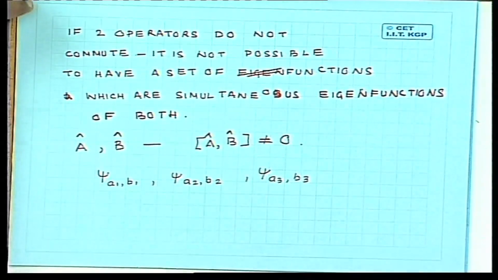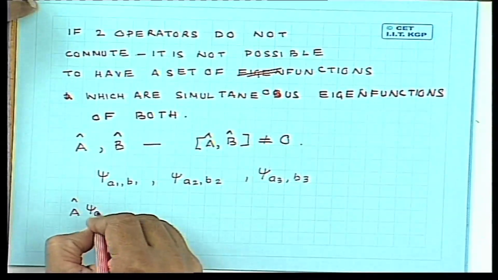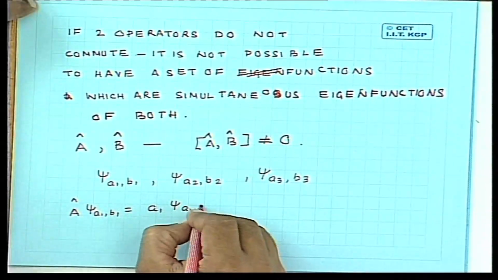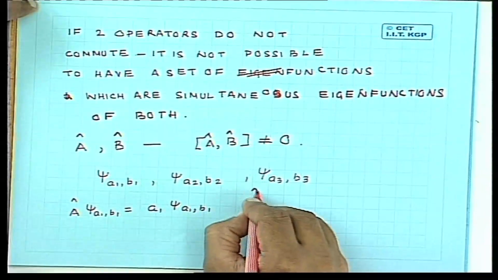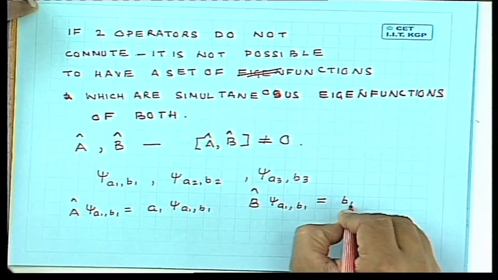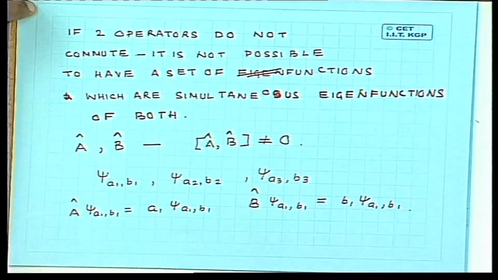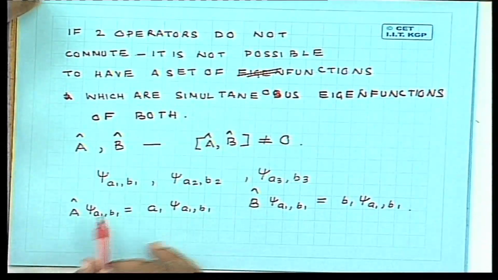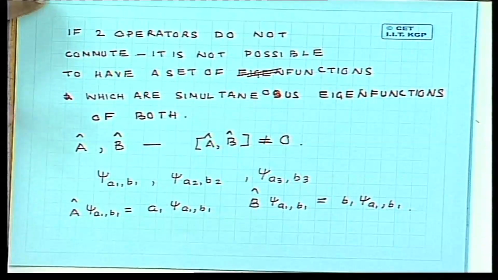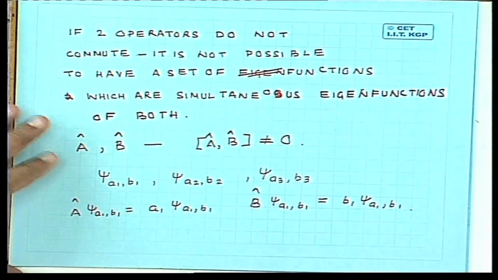These are functions such that if A acts on psi A1 B1, it will give me A1, and if B acts on it, it will give me B1. Similarly, if A acts on psi A2 B2, it will give me A2, and if B acts on it, it will give me B2. Let us suppose that such a complete set exists.